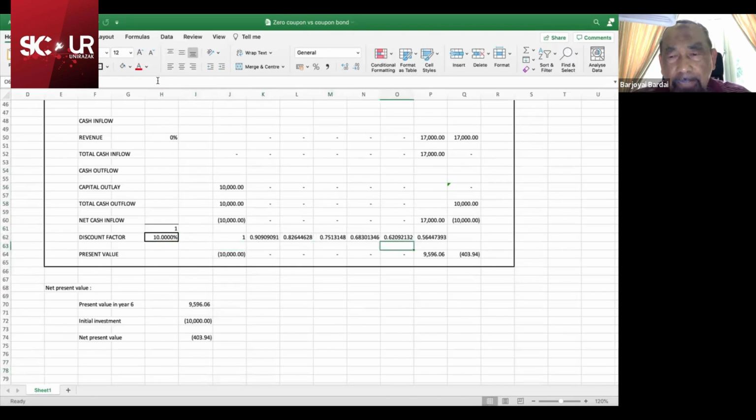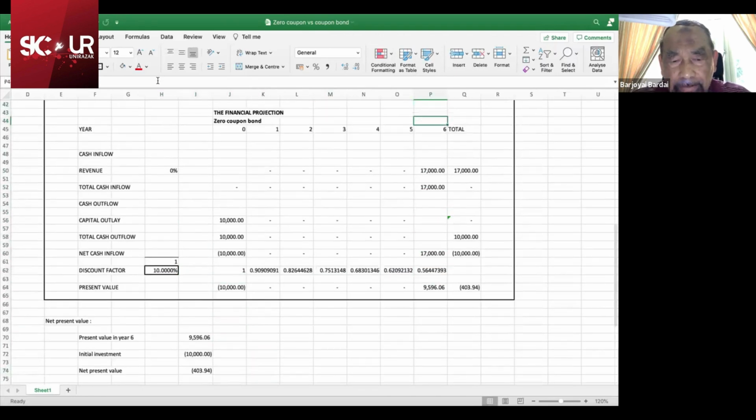Then we need to make sure that we will be getting some amount at maturity which is higher than 10,000.